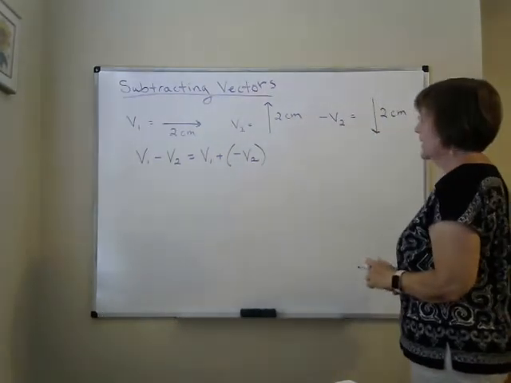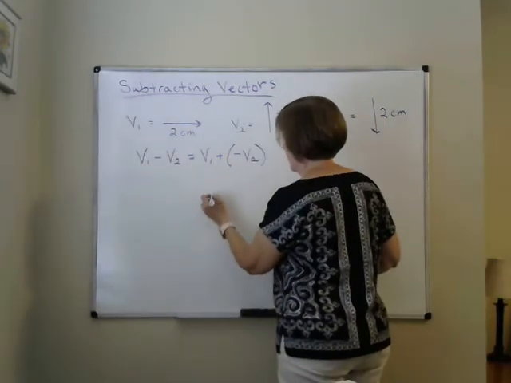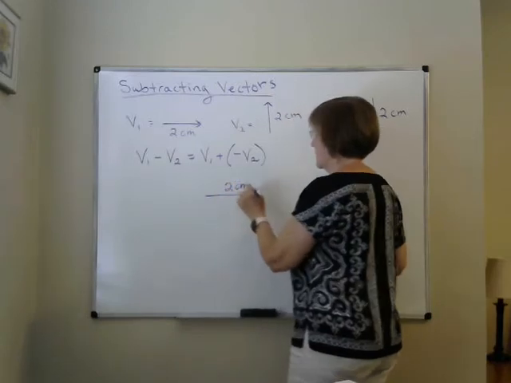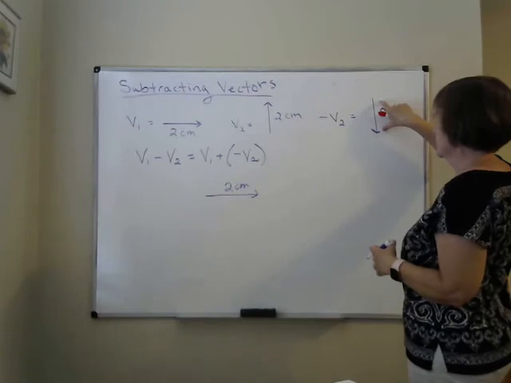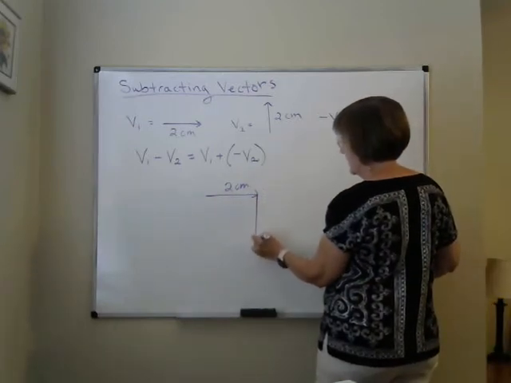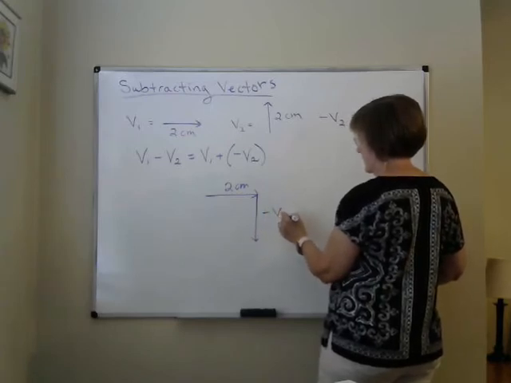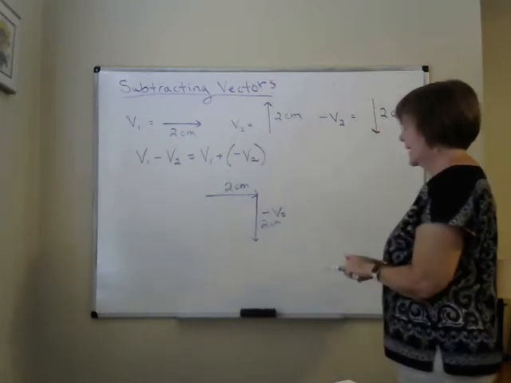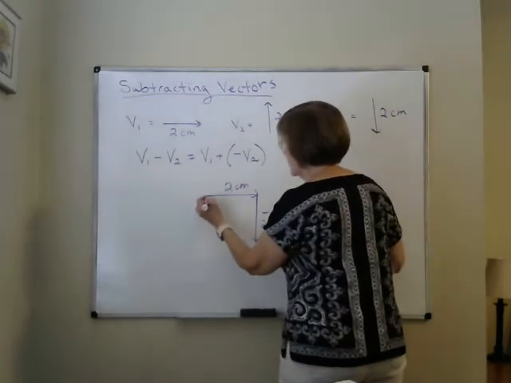So now when I add, I'm going to add this vector, V1. That was my 2 centimeter vector this way. And to that, I'm going to add this vector, negative V2, the opposite of V2. Also 2 centimeters. This time when we add, our vector points in a different direction.